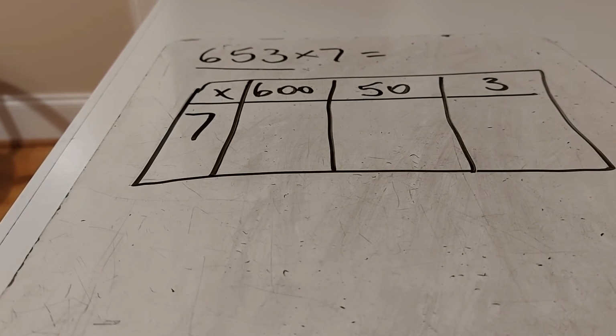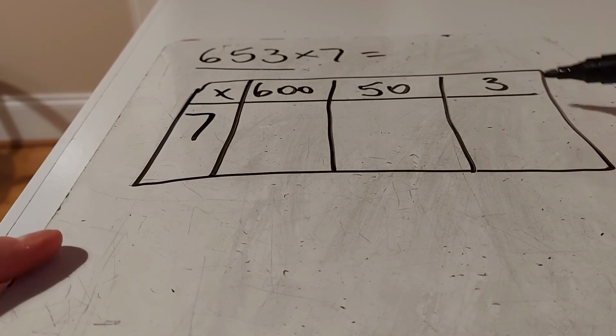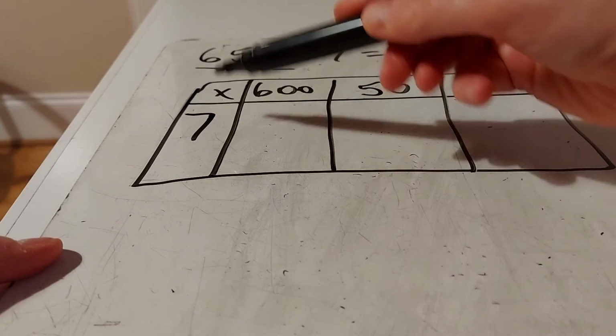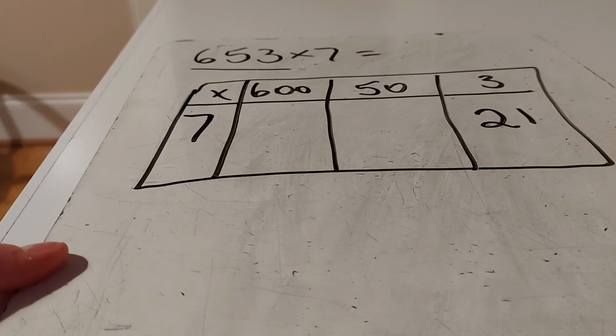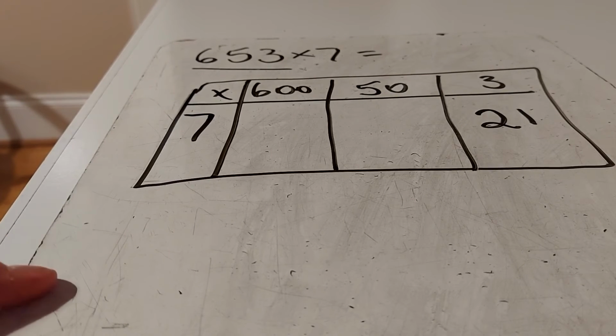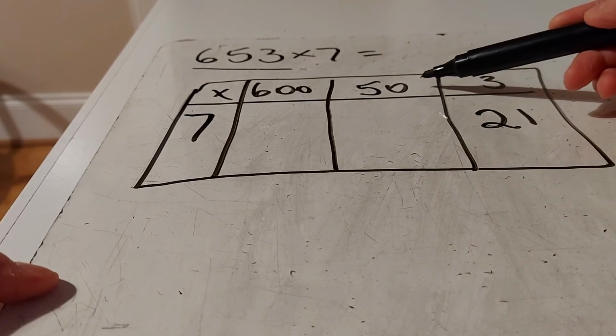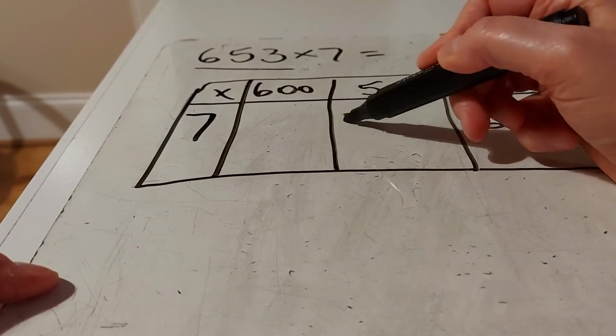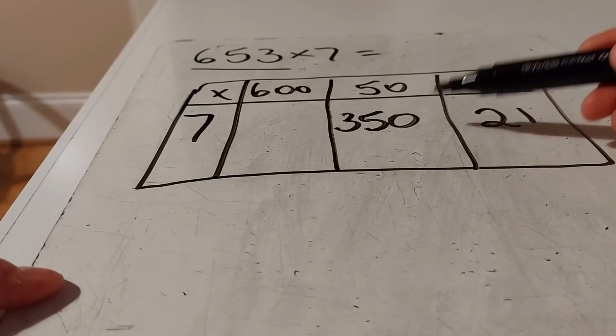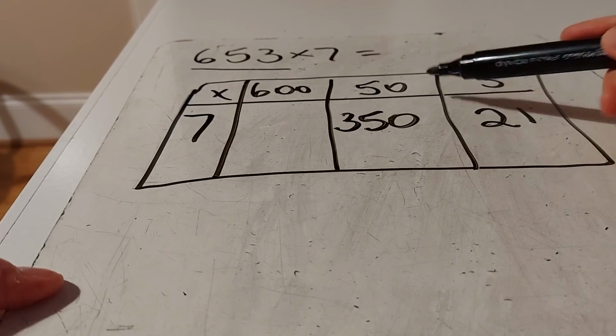Now this is a bit more challenging, okay? I could go to the ones first. 7 times 3, 21. You remember that trick I showed you for the 7 times table? So we're here now, okay? 7 times 5, because it's the tens, is 35, but we just remember to add on a 0 to make it 10 times bigger.